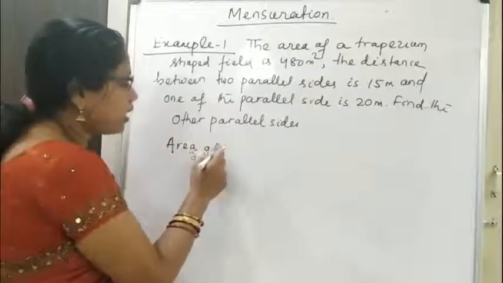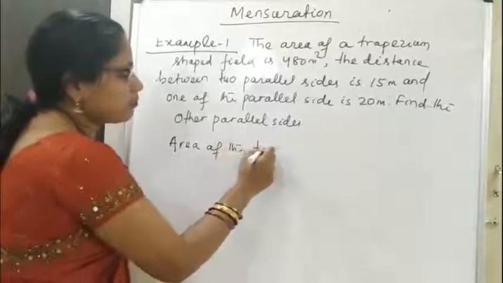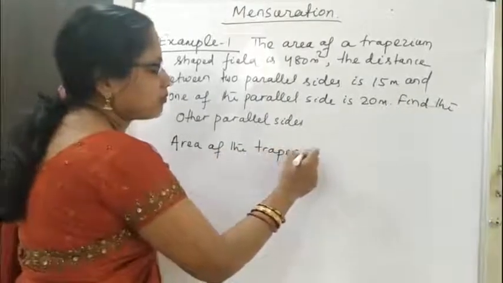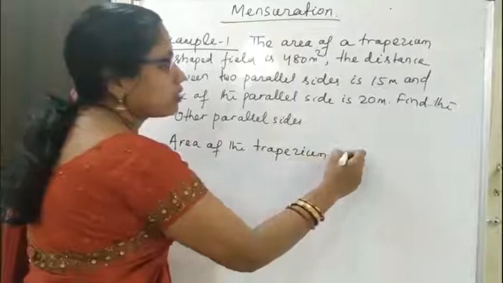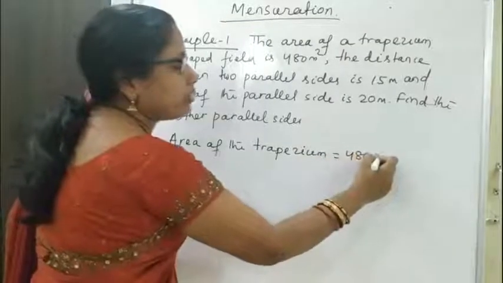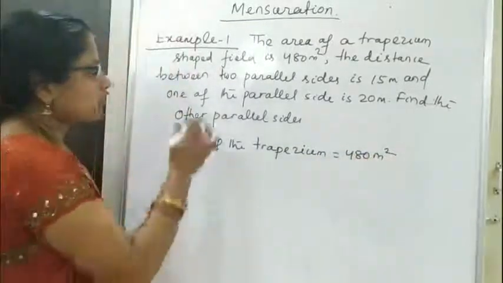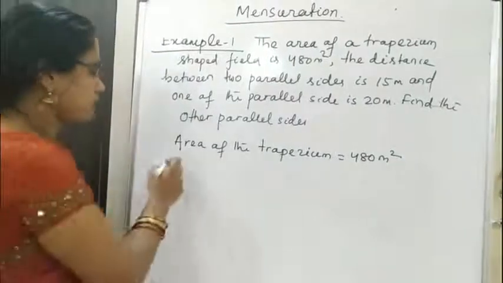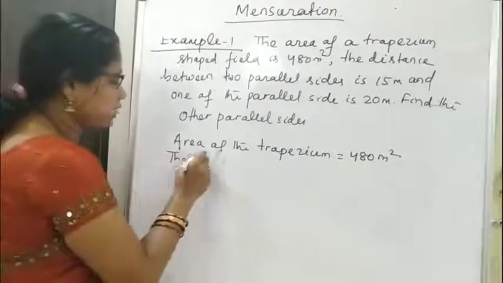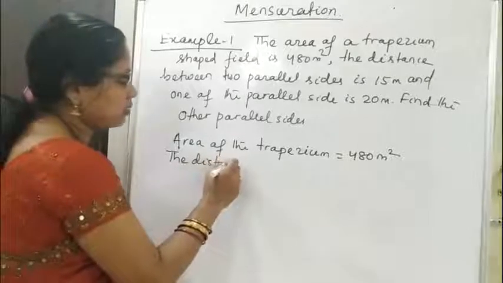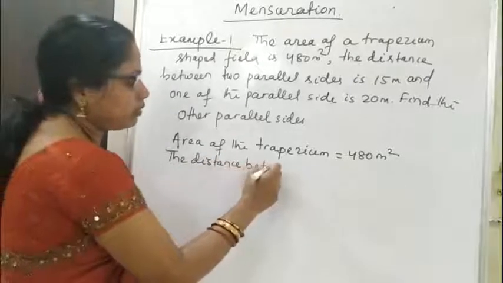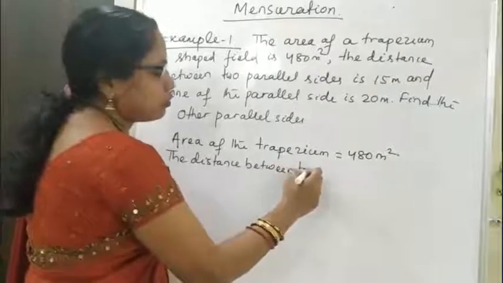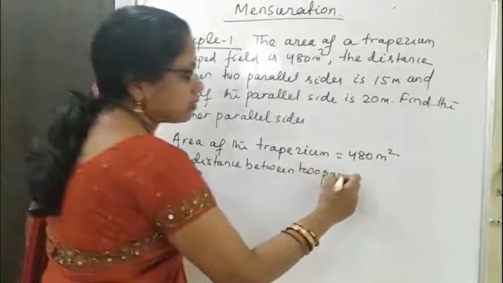So the area of the trapezium is equal to 480 meter square. The distance between two parallel sides, that means the height of the trapezium.